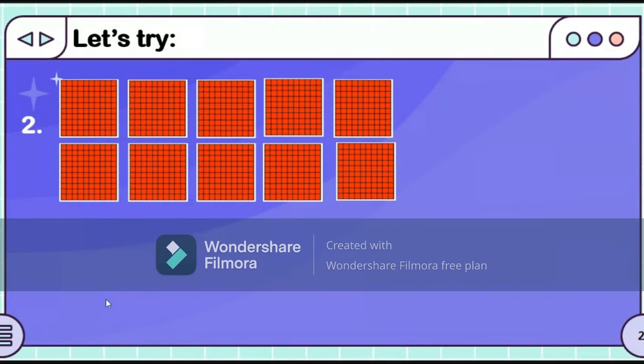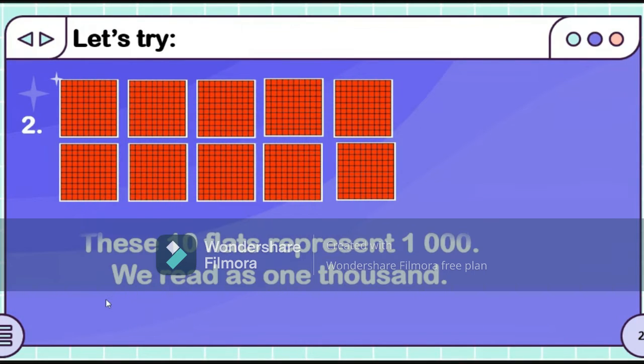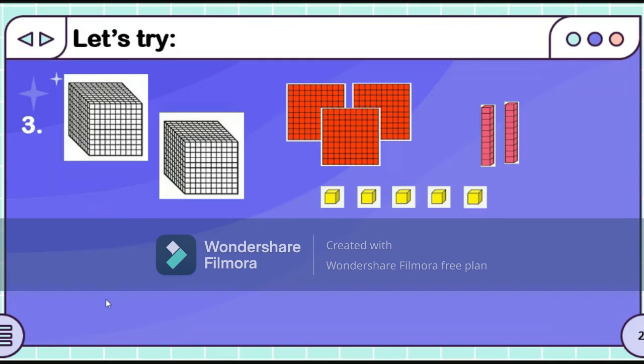Okay, ikalawa. Okay, so, how many flats do we have? Okay, very good. So, we have 10 flats. Okay, so that is equivalent to 1,000. Okay, next.